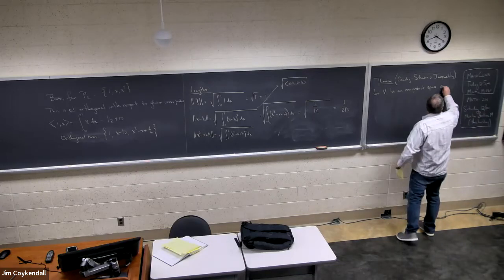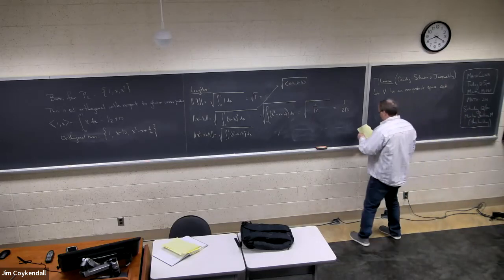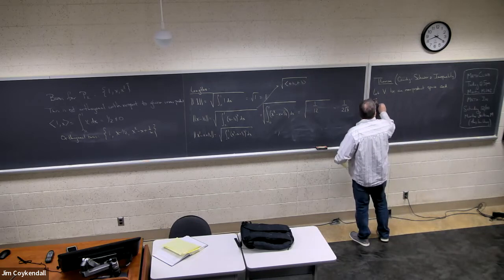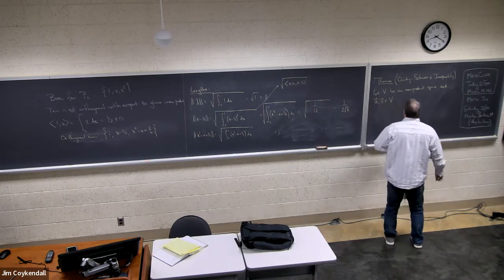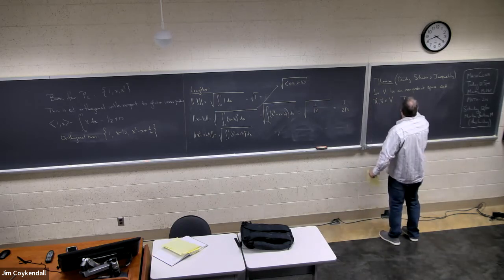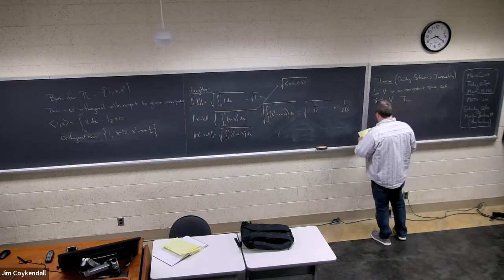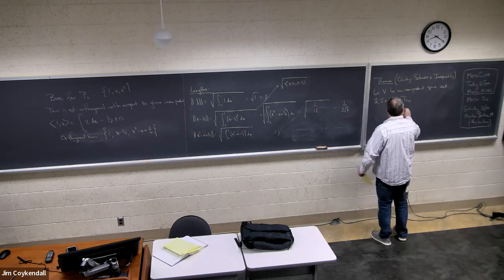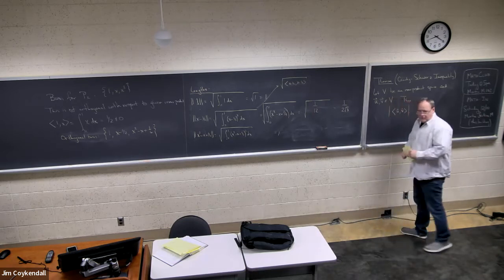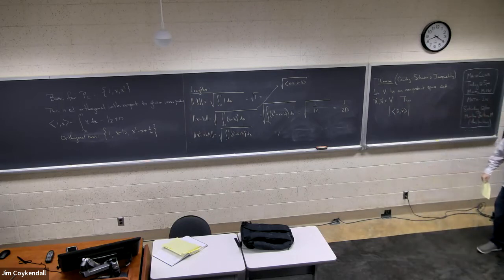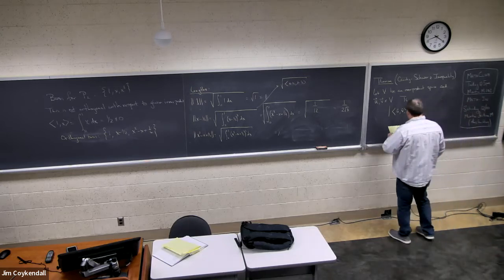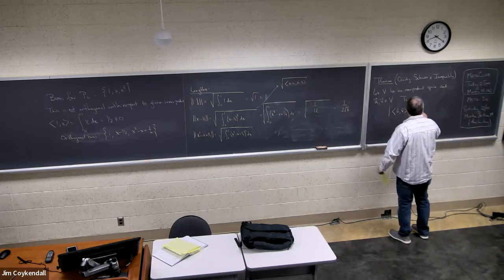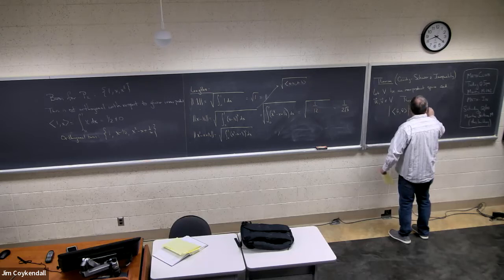And u, v vectors in V. Then, if you look at the inner product of u and v and then take its absolute value, this is less than or equal to the length of u times the length of v.